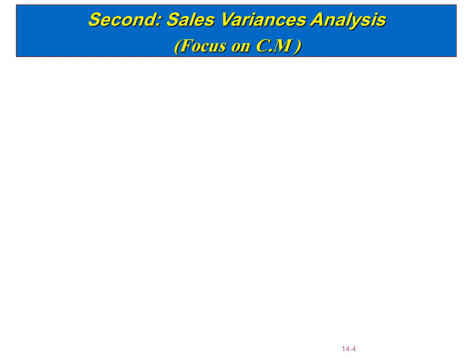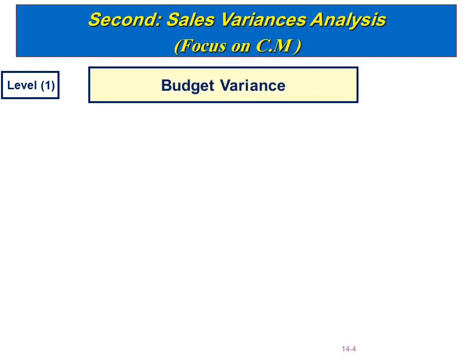Here, remember, I have 4 levels for sales variance analysis. The first one, I will calculate budget variance. Budget variance is the difference between actual and budget. Here I speak about contribution margin, so I compare the total actual contribution margin and the total budgeted contribution margin.